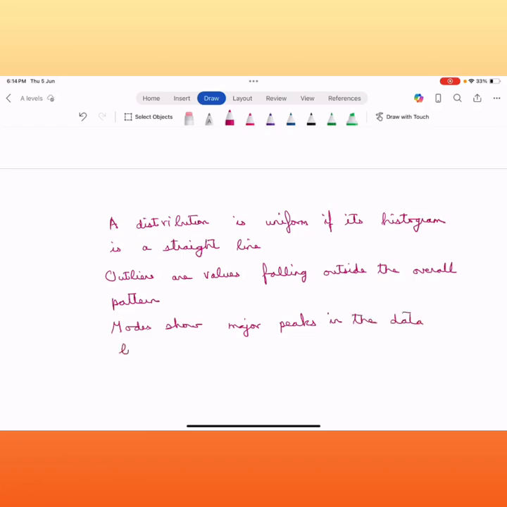And gaps show holes where no value falls.